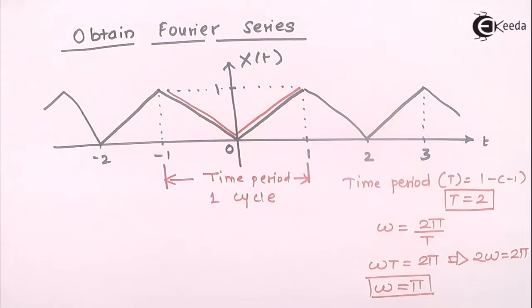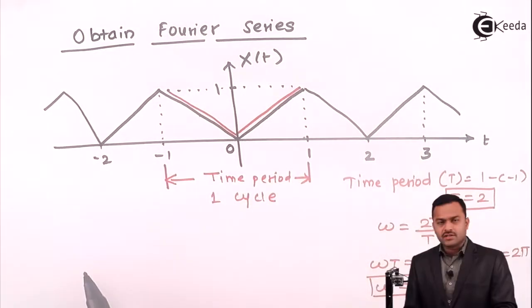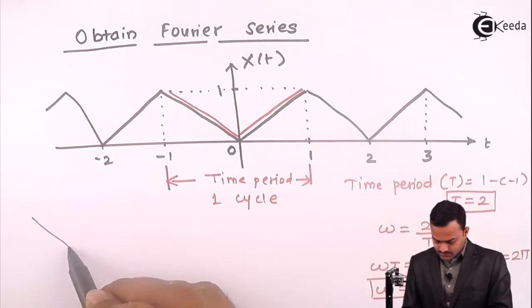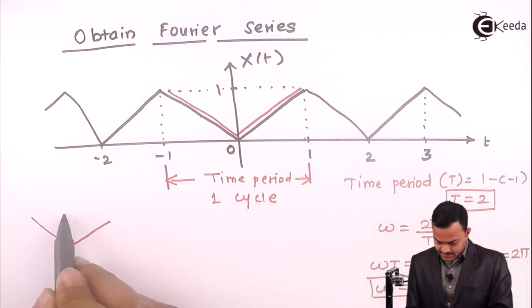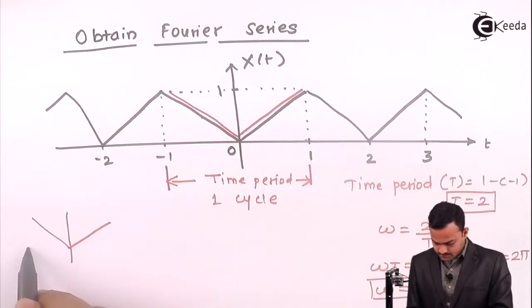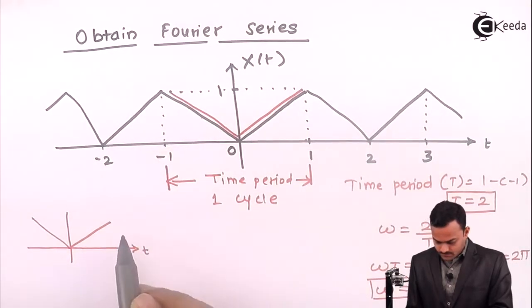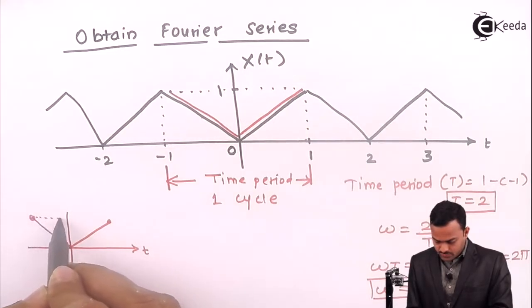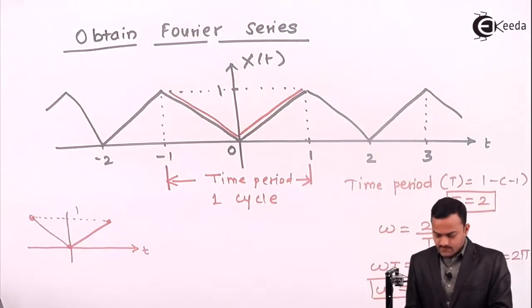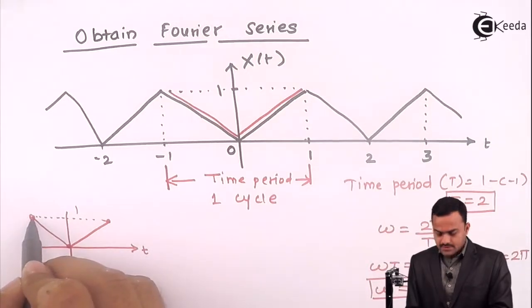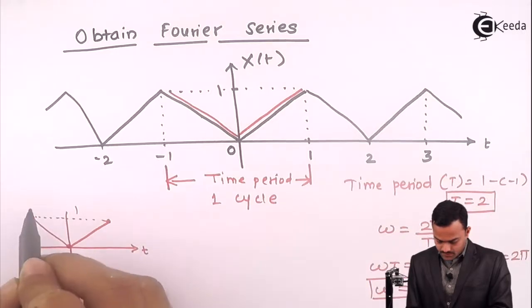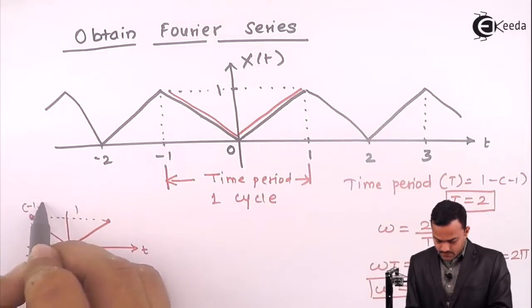The next step is defining the equation. For that I will take the cycle aside. So this is the cycle that I have selected. Basically it's a combination of two straight lines. So let's write an equation of a straight line in two-point form. This has the coordinates -1, 1.